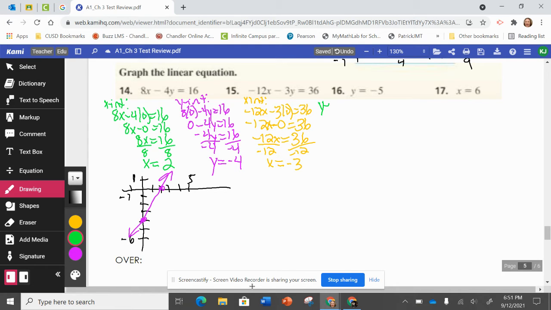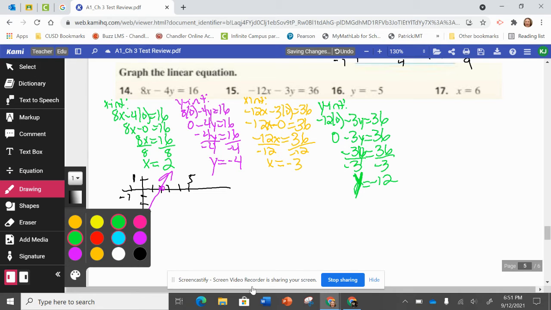Our y-intercept here: negative 12 times 0 minus 3y is equal to 36. 12 times 0 is 0. 0 minus 3y is still negative 3y. And the opposite of multiplying y by negative 3 is to divide by negative 3. And we get y is equal to negative 12.